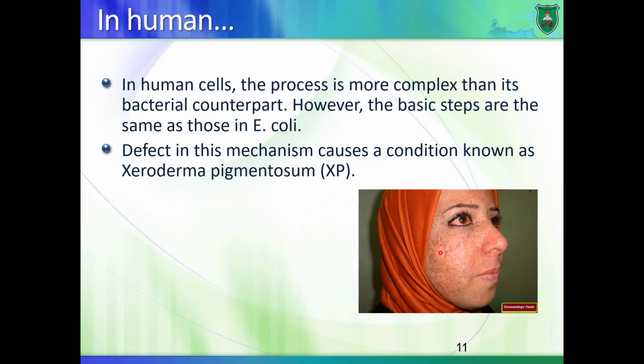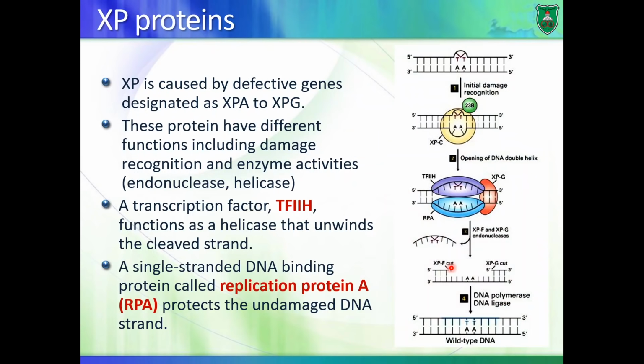Right here, for example, you have all of these pigments in a person's skin when exposed to sunlight. This is a result of cell death because of DNA damage that cannot be repaired. So it's a similar mechanism as in bacteria. The thing is that there are a number of proteins that work together, and they are known as XP proteins, and they're given a designation of A, XPA, XPB, XPC, and so on, all the way to XPG.